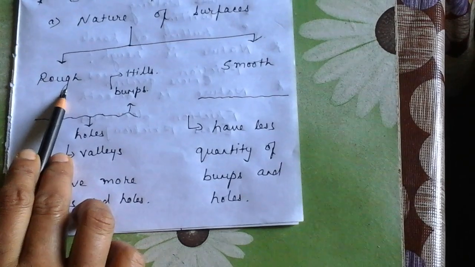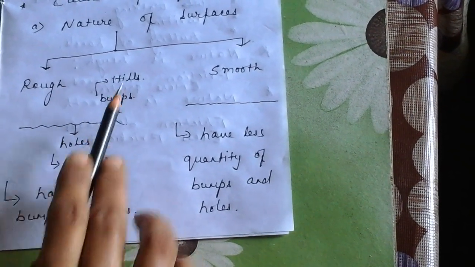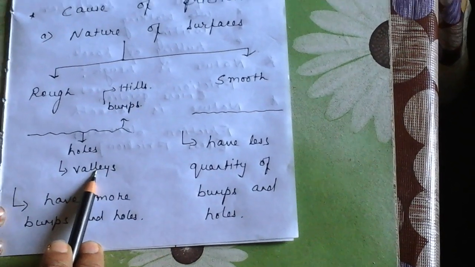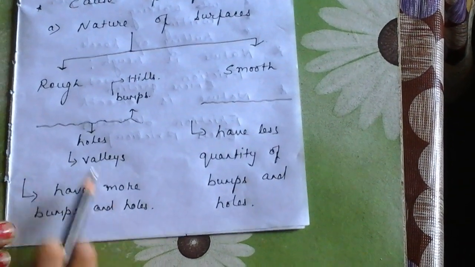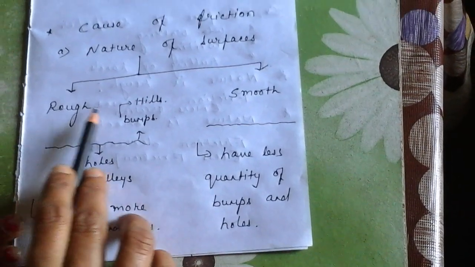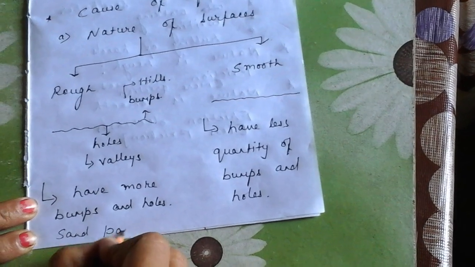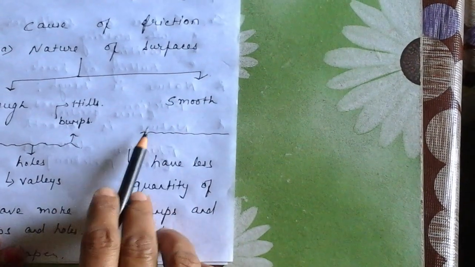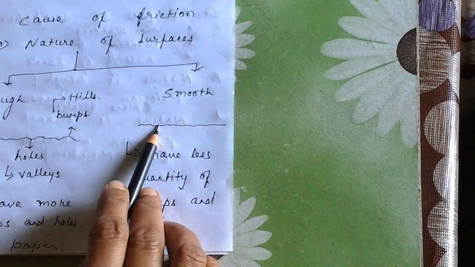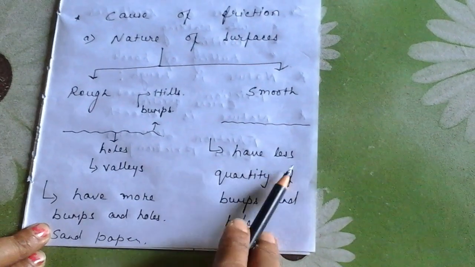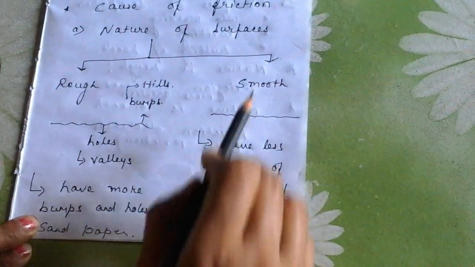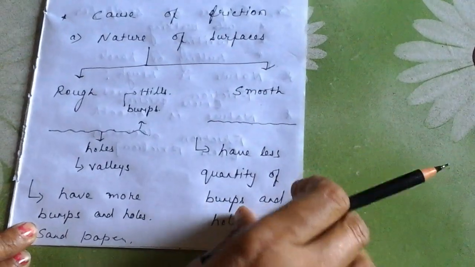So a rough surface has bumps and holes, or hills and valleys, but the surface which has a greater number of bumps and holes is known as a rough surface, for example, sandpaper or our floor. A smooth surface, just see, has very few bumps and holes. So the surface which has a very small quantity of bumps and holes is known as a smooth surface.